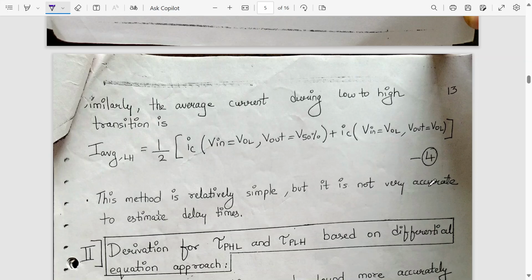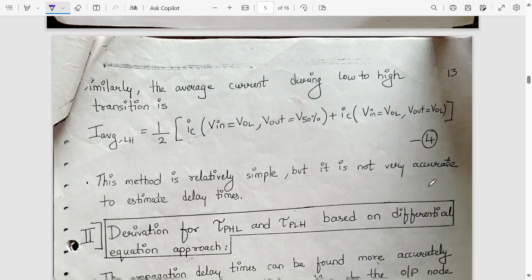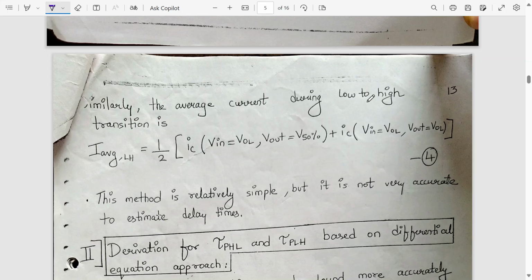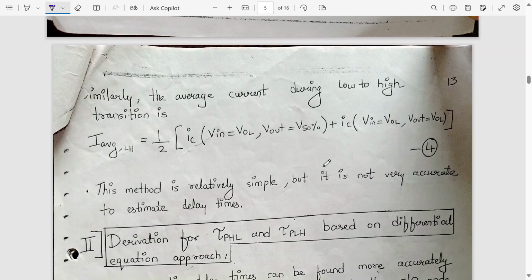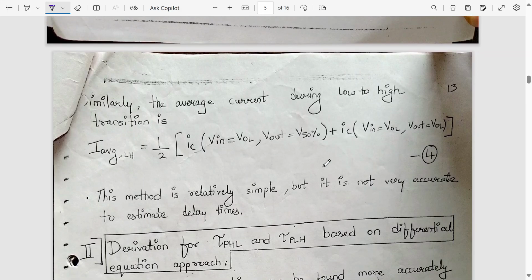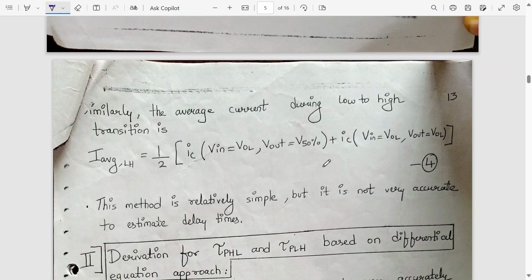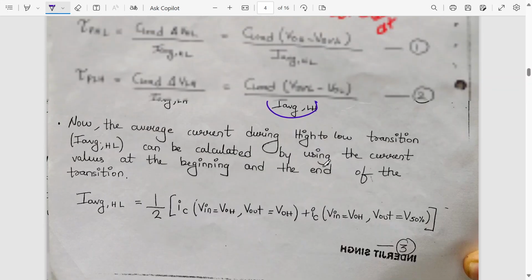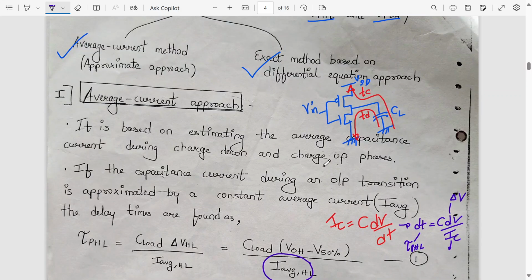Okay, now we might solve a numerical to understand this example. These formulas we'll use in practice, and then we can actually understand how to use this average capacitor current method. Should I cover both the derivations and then find the formula, and then we'll go to the numerical? What do we want to do? Tell me.